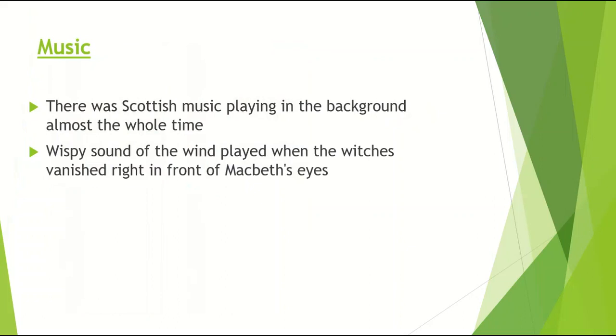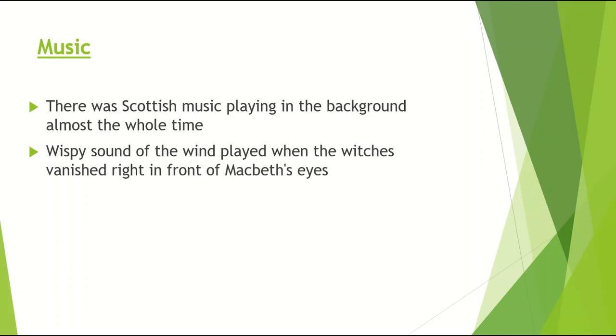Alright, next we have music. For almost the whole time of the performance that I watched, there was Scottish music playing in the background. This also helps with the set. It shows that this time period could be medieval ages. Also, that it might not be of the United States. It could be in Europe, it could be in Scotland, it could be anywhere other than North America.